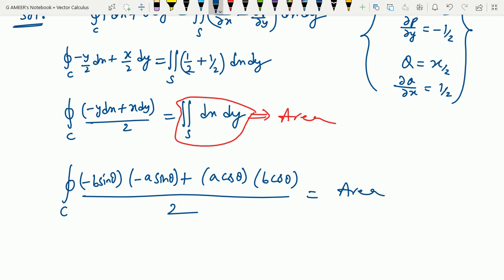So here it is minus minus plus, ab will be coming out, here also a is there, b is there, here also a is there. So that will be ab, and of course what I'll get here, we made a mistake here, minus a sin theta into d theta term is there, and here also d theta term is there.